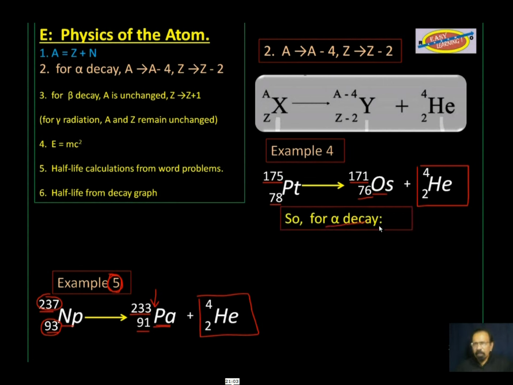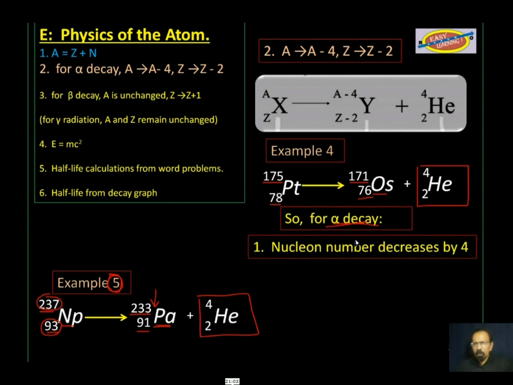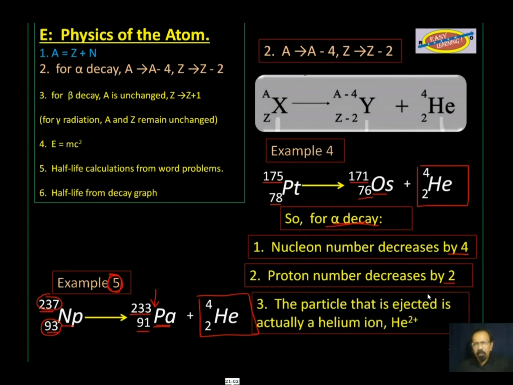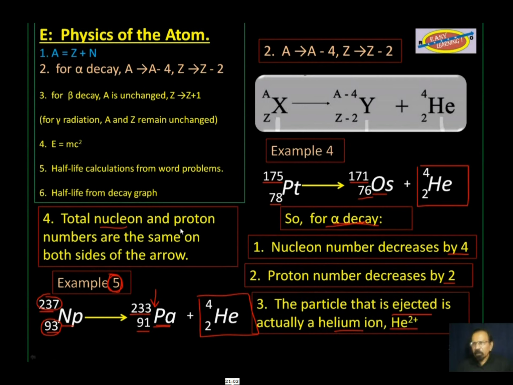So for alpha decay, the nuclear number decreases by 4 from the mother to the daughter. The proton number decreases by 2, and the particle that is ejected is actually a helium ion, He 2+. That is for alpha decay. The total nucleon and proton numbers are the same on both sides of the equation, or the arrow.